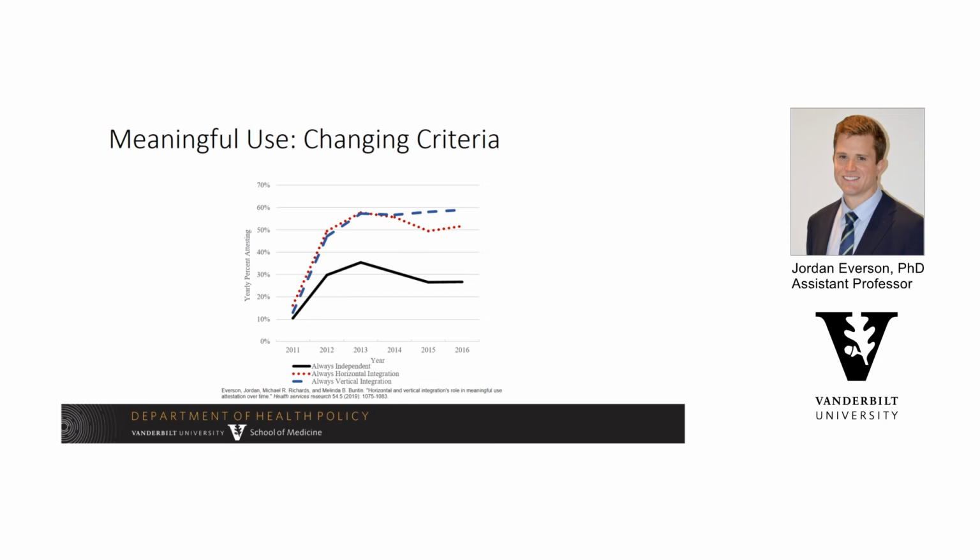In reality, what this reflects is that being a meaningful user, getting that payment, was substantially harder. So a key challenge for tracking trends over time is this use of stages. It's also worth noting here, I've plotted physician participation in the EHR program by their organizational affiliation.